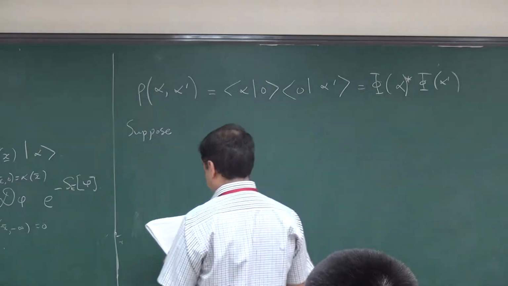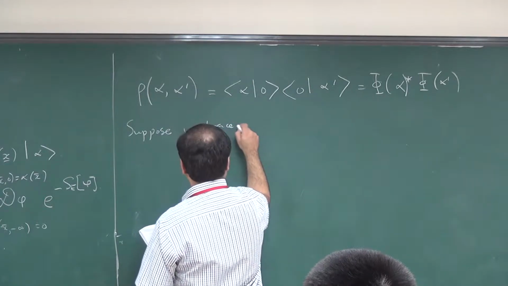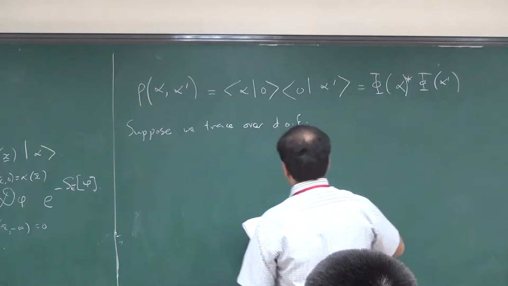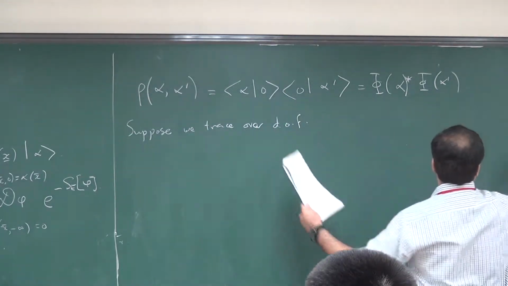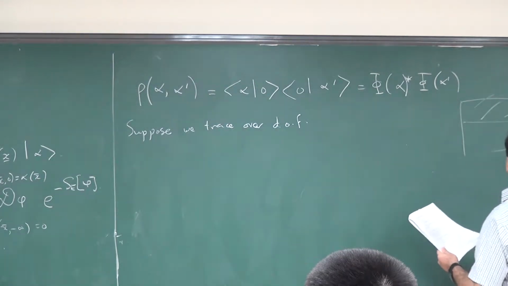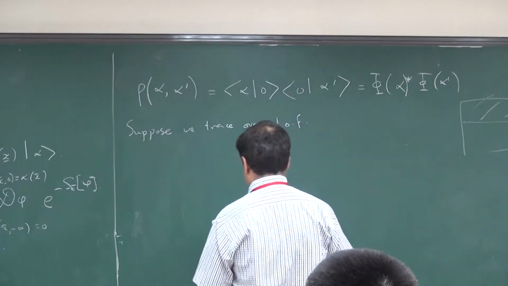So suppose you want to trace over degrees of freedom that live, so this is my entire spacetime, trace out the degrees of freedom that live in a certain region.